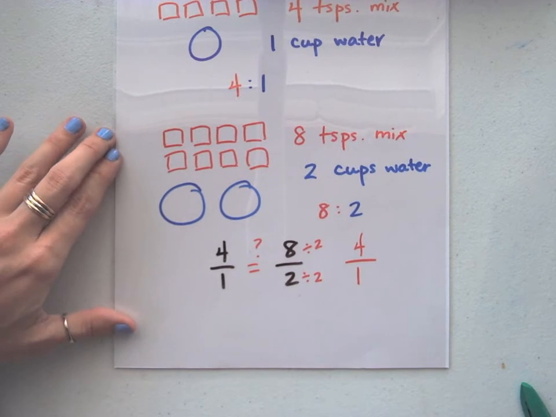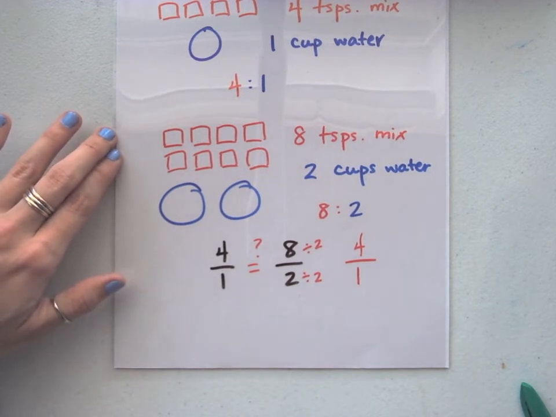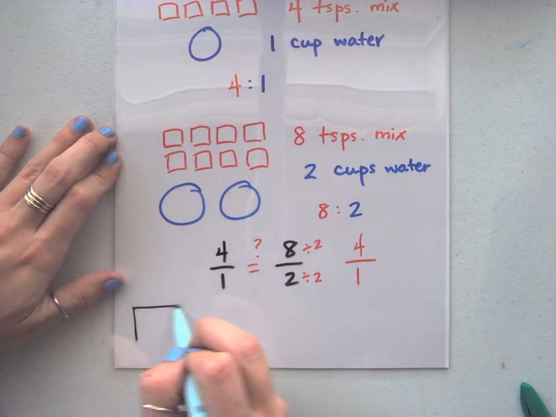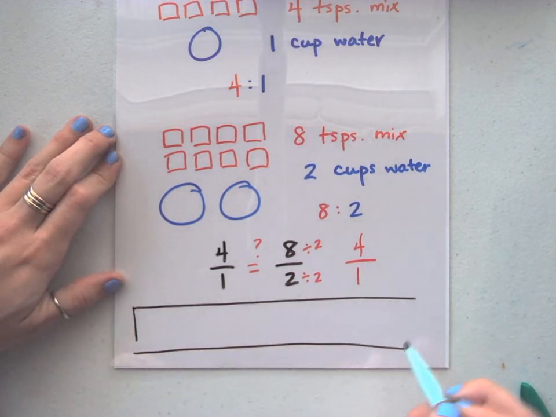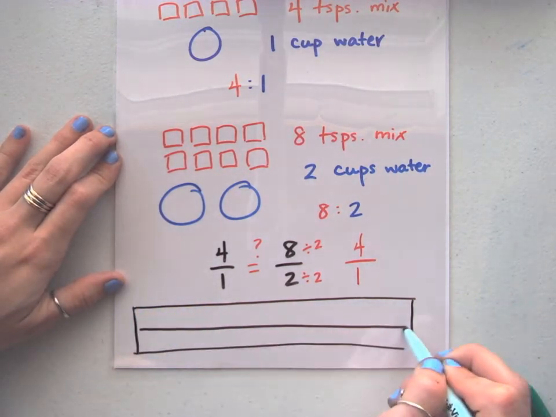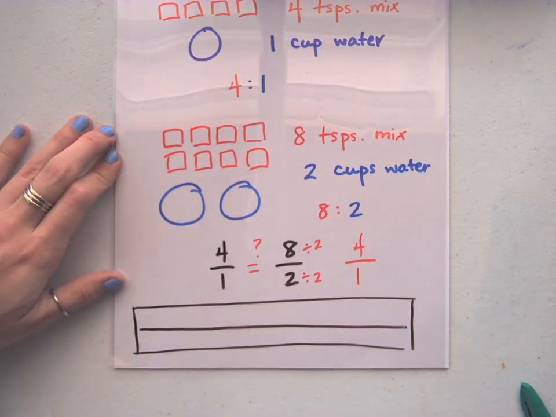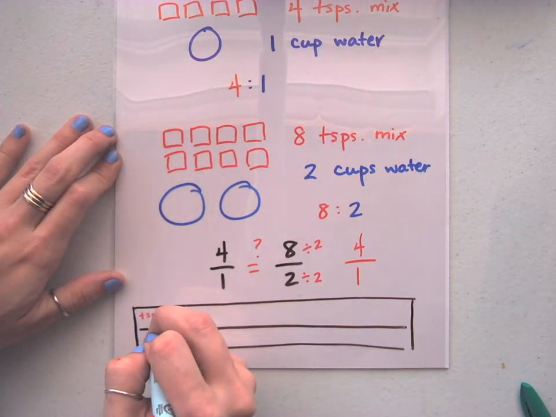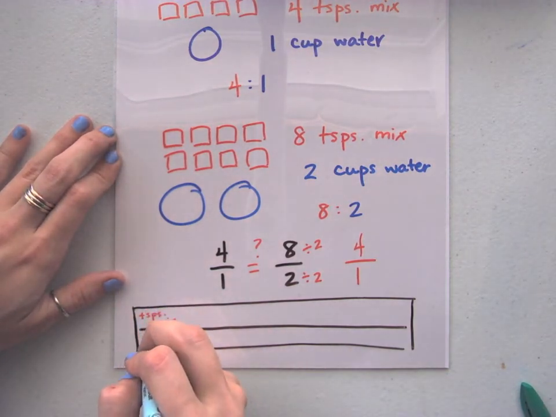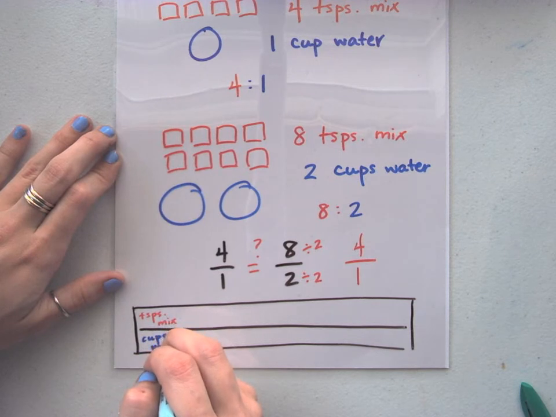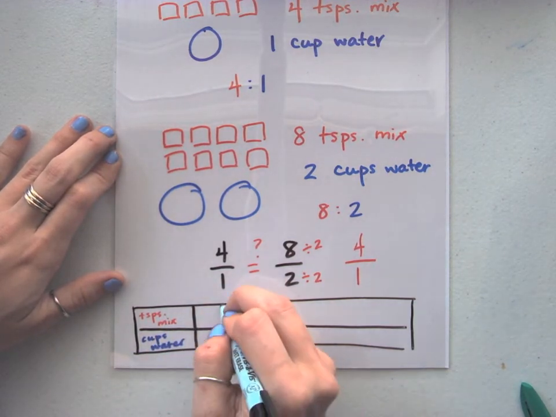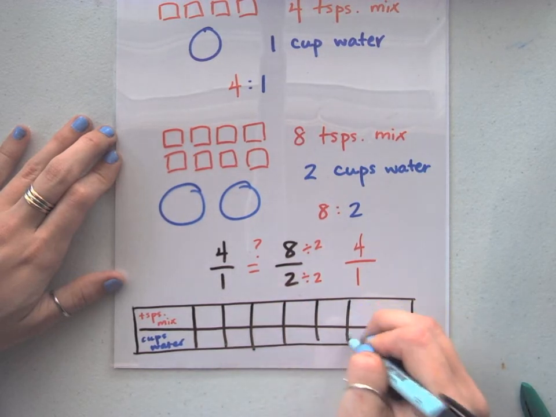So something you could do, which is especially helpful, let's say you were going to have a big family reunion or a big party or something, and you wanted to make a huge batch of this mix. So we could actually make a table of values here. And we have our teaspoons of the mix, and we have our cups of water. All right, so if we're gonna make just 1 normal batch, let me draw these lines real quick.